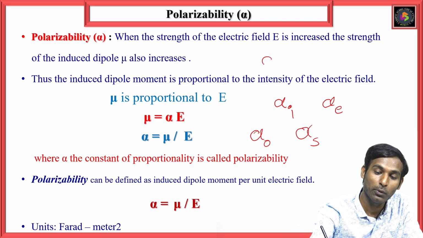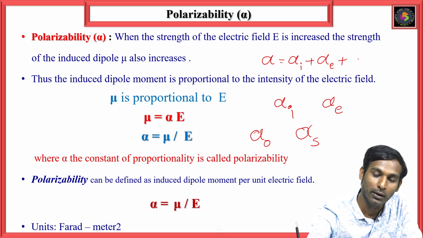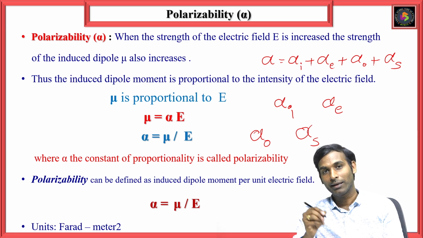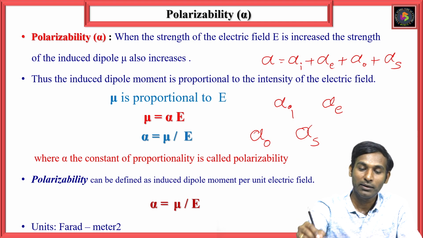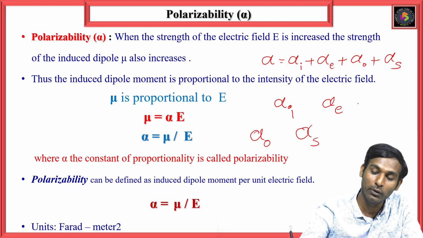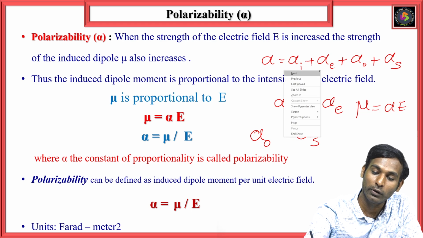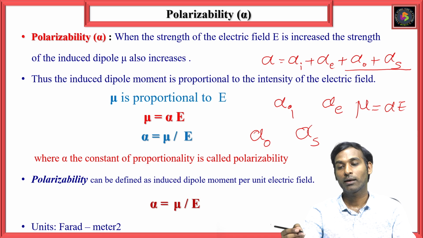Therefore, total polarizability alpha is equal to alpha I plus alpha E plus alpha O plus alpha S. In this equation, we can also find the induced dipole moment mu is equal to alpha E, substituting alpha as the four types of polarizabilities.